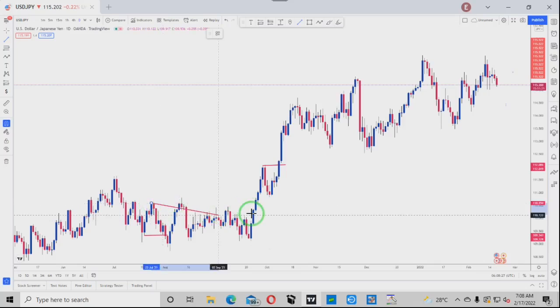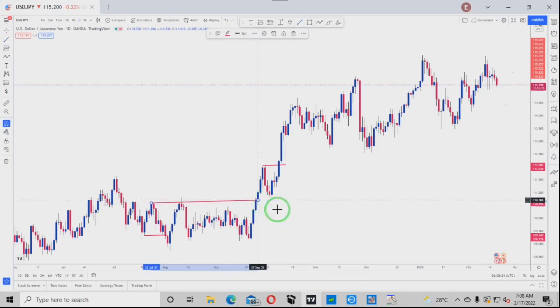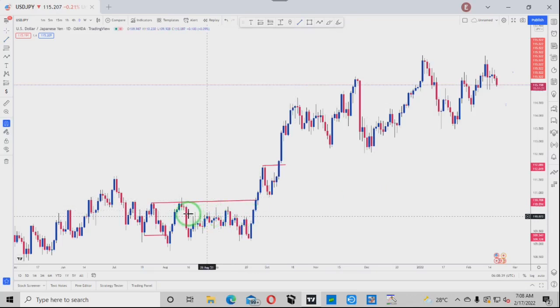So if you mark out your high with a horizontal line, all right, you wait to see what price action will do. You mark your high there with a horizontal line and you mark this low with your horizontal line.